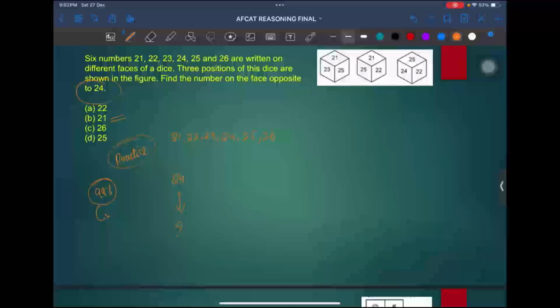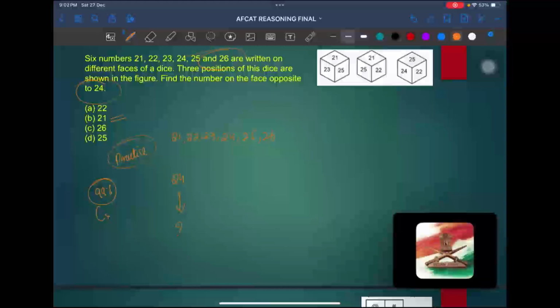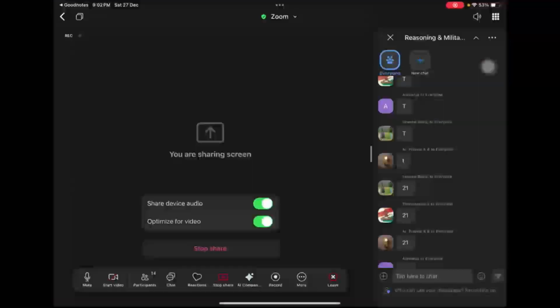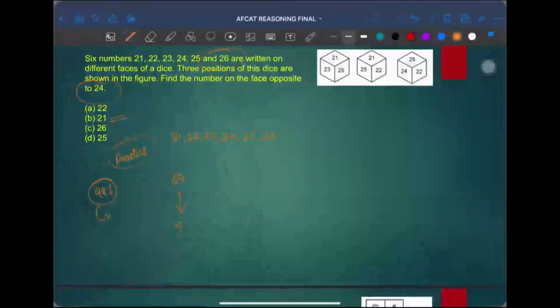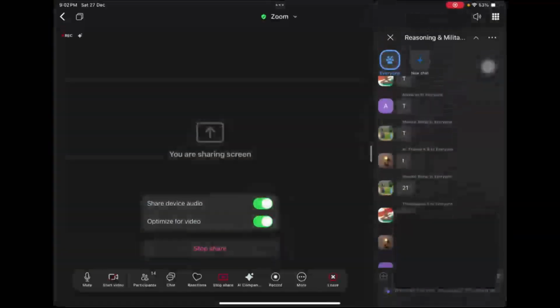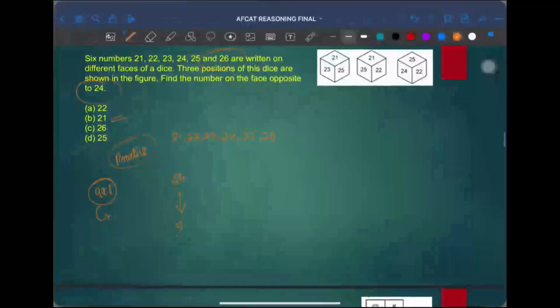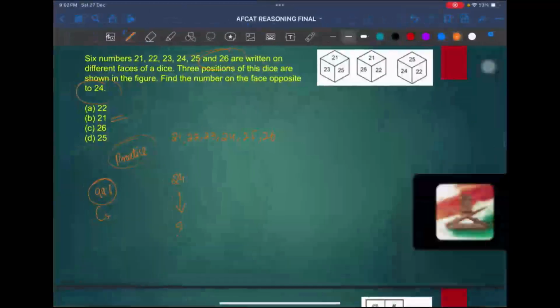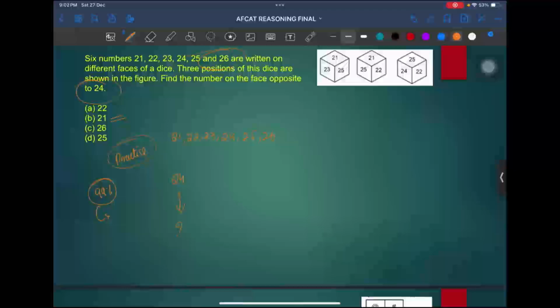If you are able to identify one number with two different adjacent sides, you'll be 100% ready to answer whichever kinds of questions they ask. So it is very important to identify a single number with two different adjacent sides. Remaining people, yeah, Aishwarya, Prajwal, good.